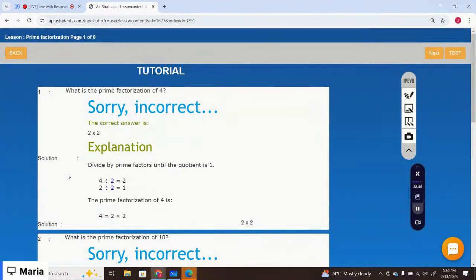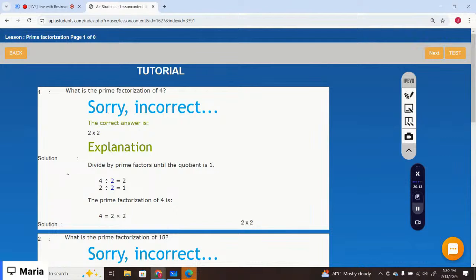What is the prime factorization of 4? You have to divide the given number by the smallest prime number. The smallest prime number that can divide 4 is 2.